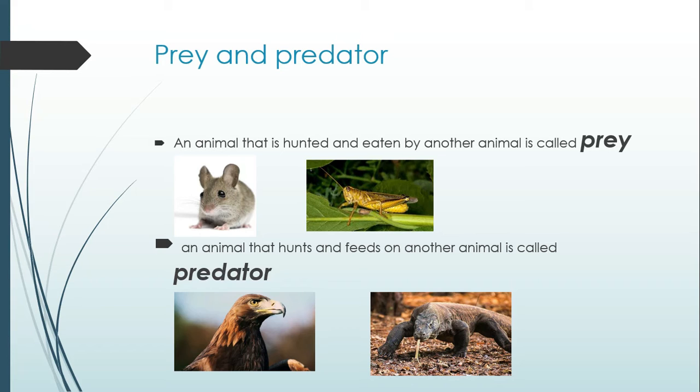Examples of animals included in prey are the mouse, grasshopper, and other animals that usually eat leaves or other plants. The animals included in predators are the eagle, komodo, or other examples like tiger, lion, etc.